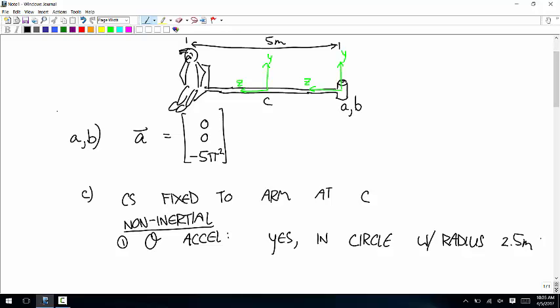Then for B, the origin was still fixed at that hinge, so the origin wasn't going anywhere. But the orientation was changing, so we had to use a rotating coordinate system. If the origin is fixed, it's not accelerating. It also can be moving in a straight line with a constant speed and not be accelerating. That's fine.